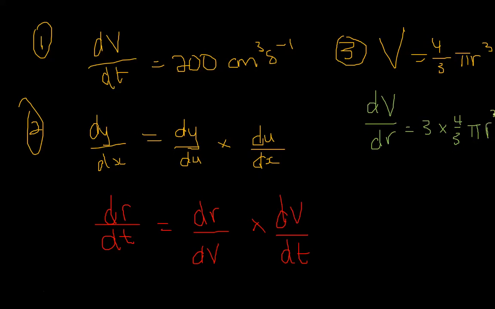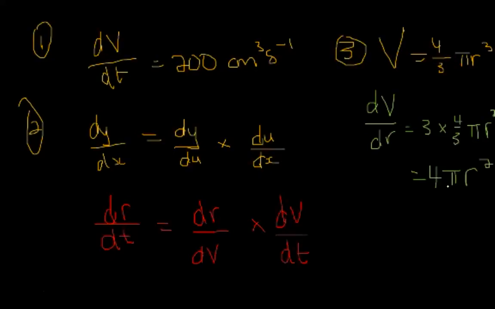So that's r squared, that's a 2. Let me just simplify this a bit. So I would actually get dV on dr is 4 pi r squared.